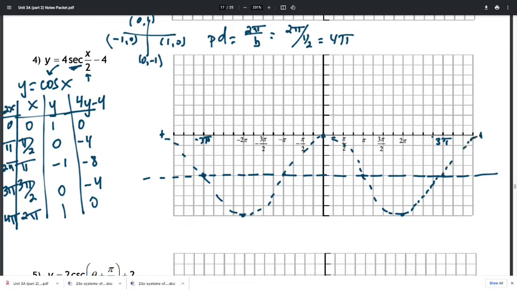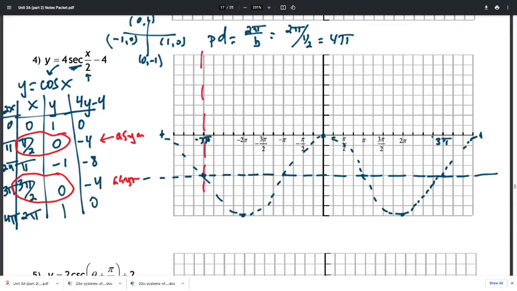Okay, so now then, things to do for the secant graph. Normally, every time the cosine graph had a y value of 0, that's where we had an asymptote. So this is now where the asymptote will be, when the cosine graph is crossing that midline.